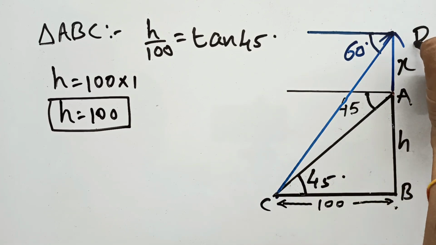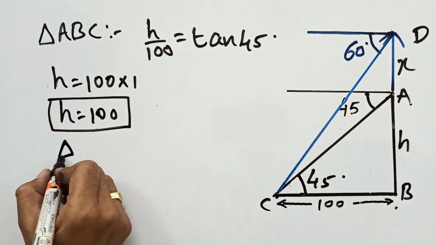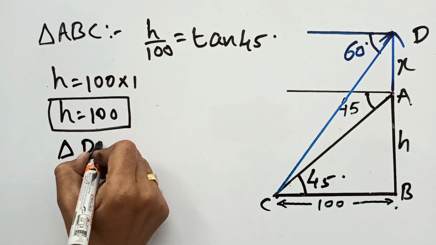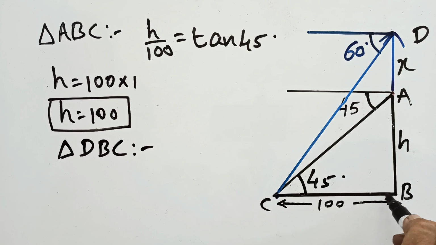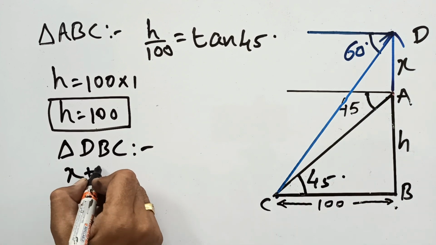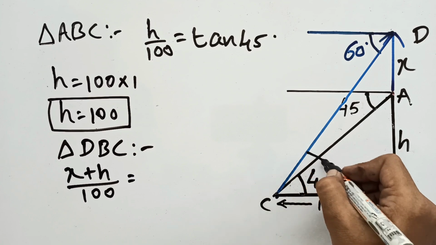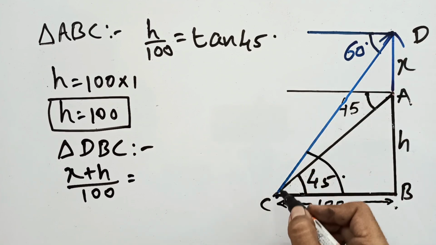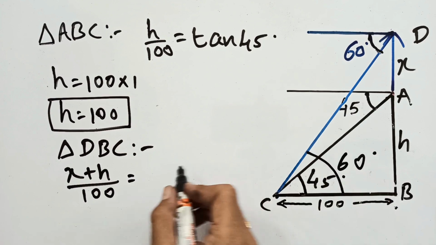ABC, let us suppose this point is D. Now see in triangle DBC, this height means x plus h upon 100 is equal to tan of this angle. See again, the line of sight makes 60 degrees, so this angle will be 60 degrees.